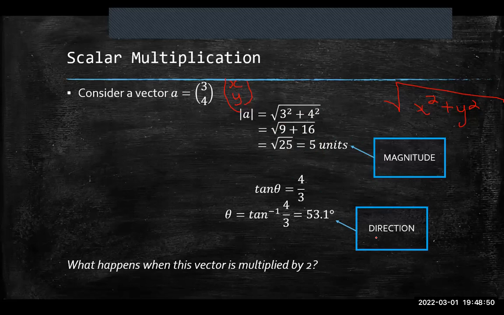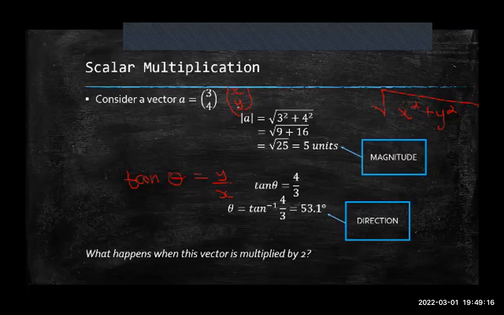Then if I ask you to find the direction of my vector, because remember, the basic definition of a vector is a quantity that has both magnitude and direction, right? I just found the magnitude. If I ask you to find the direction, we did that before. It's tan theta is equal to y on x.